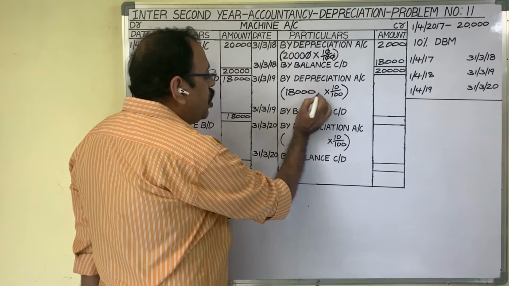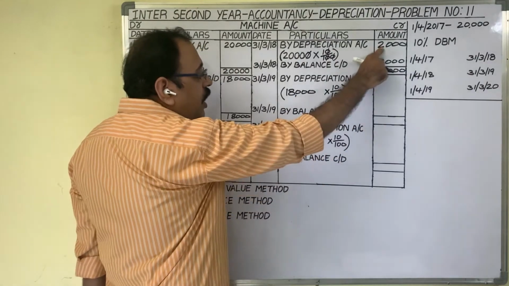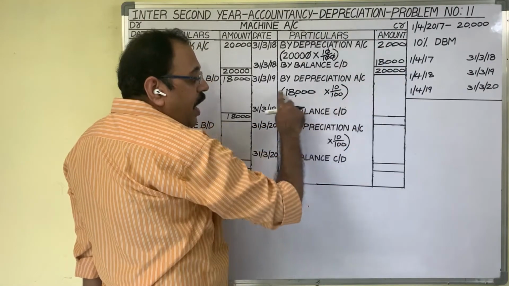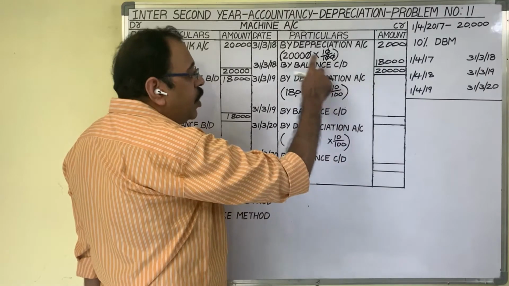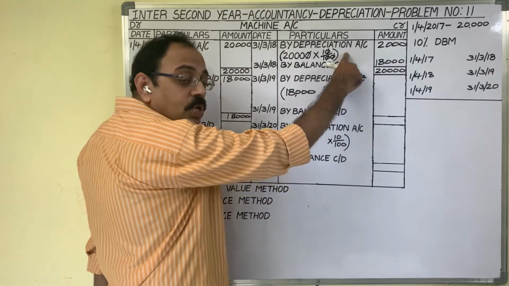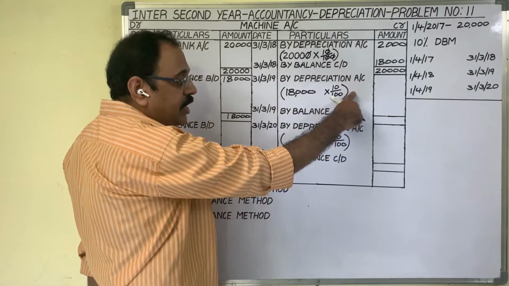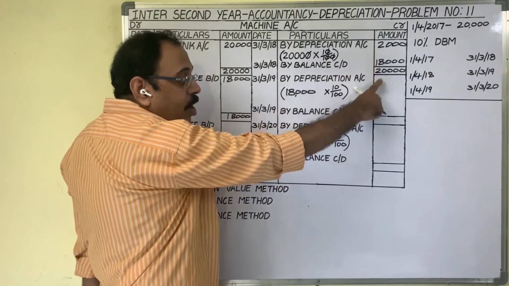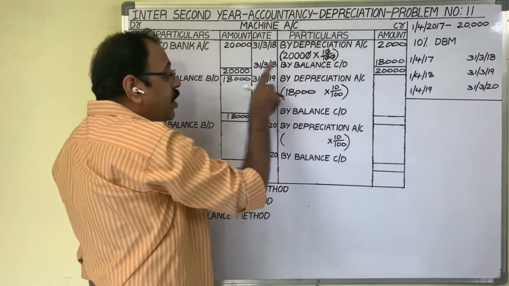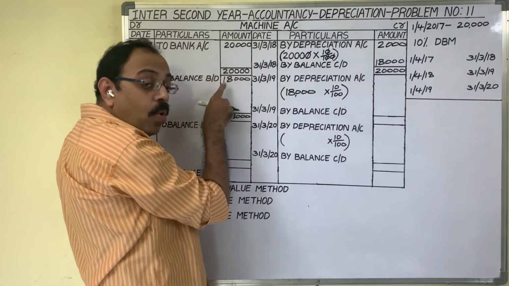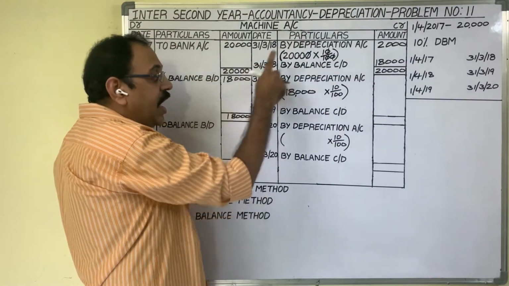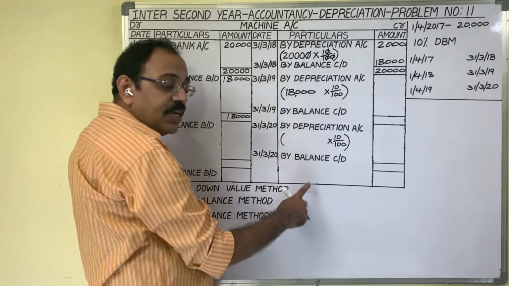In the fixed installment method, we take 2,000 directly, so calculation is not required because we already showed it in the first year. But in the diminishing balance method, as we are calculating depreciation on the opening balance of the asset, every year we have to show the depreciation calculation.